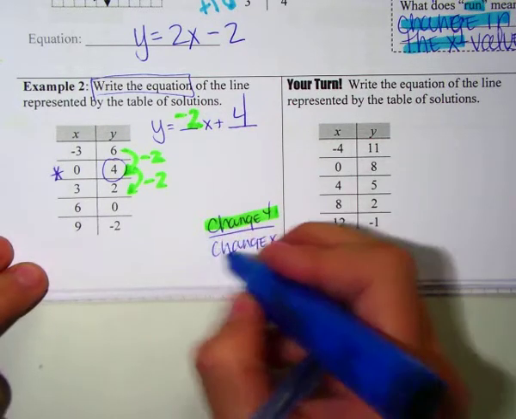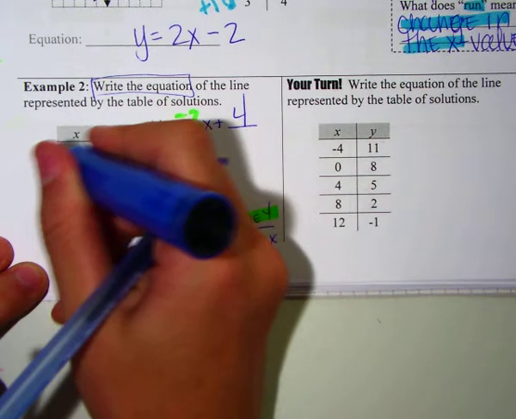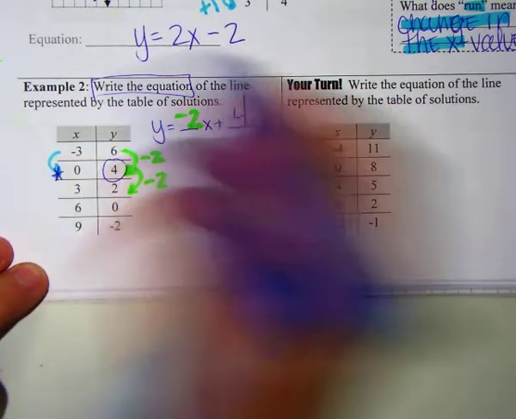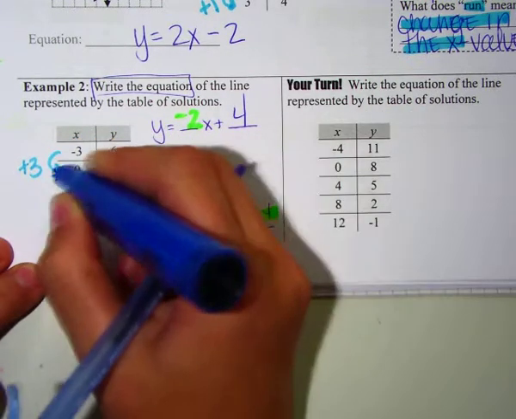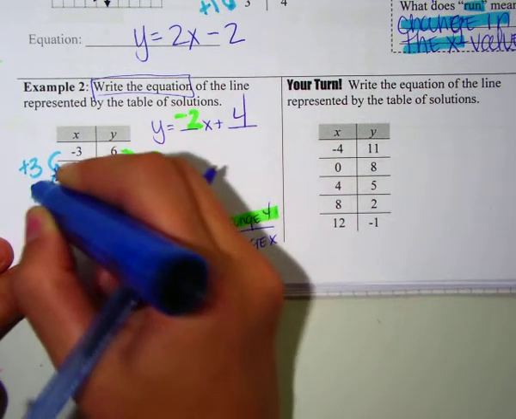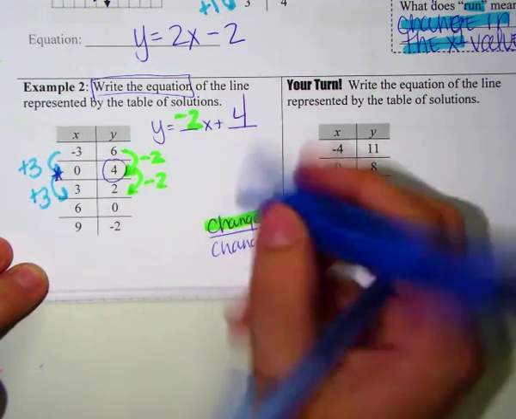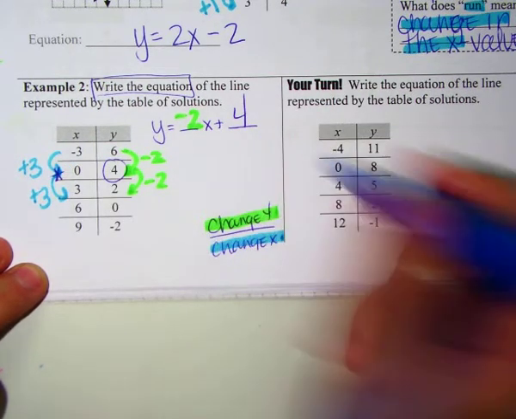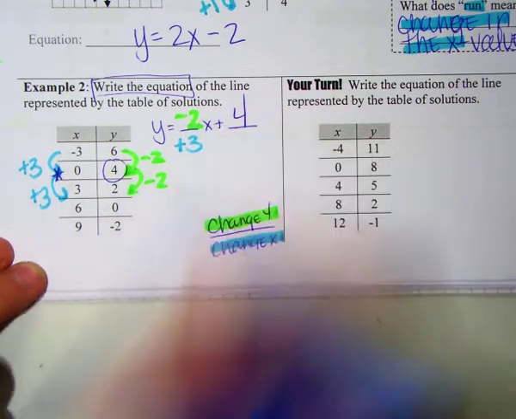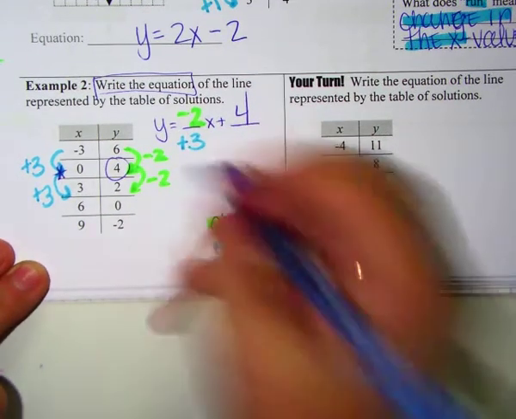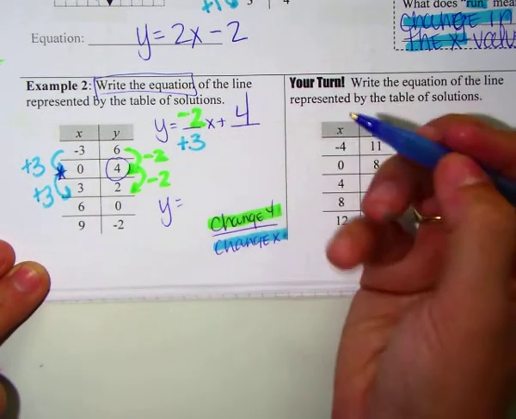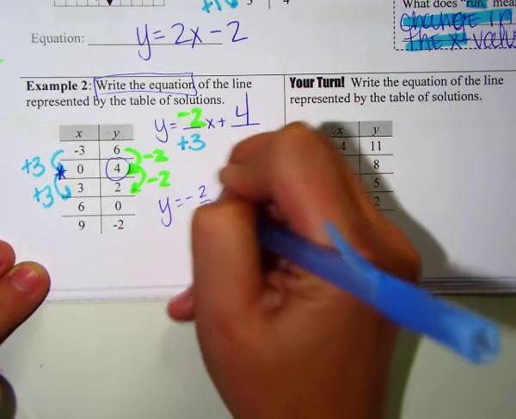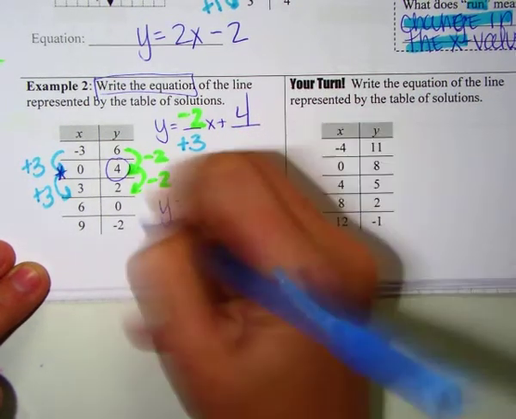Change in x values, from -3 to 0, we are adding 3. From 0 to 3, we are adding 3. So our change in x values is add 3. Quickly simplify: y equals -2/3 x plus 4.